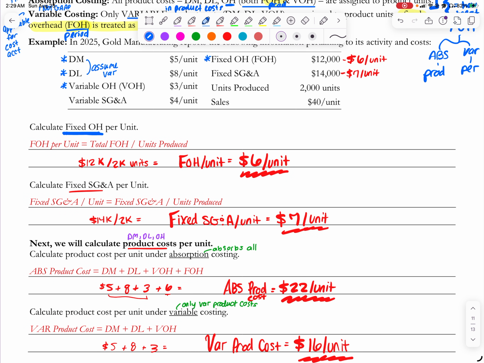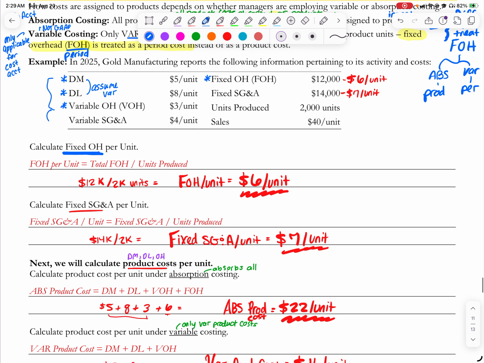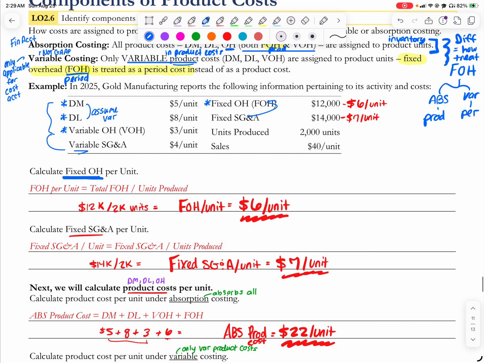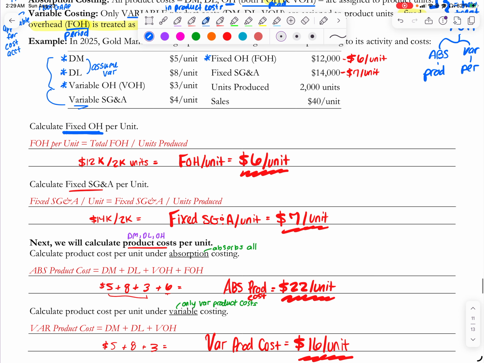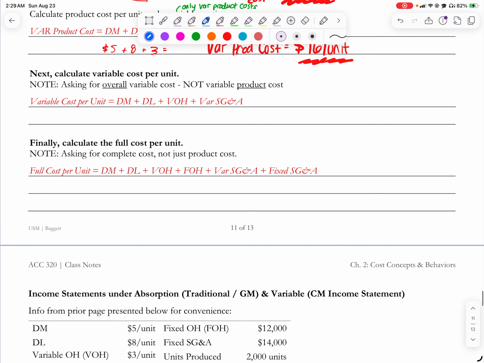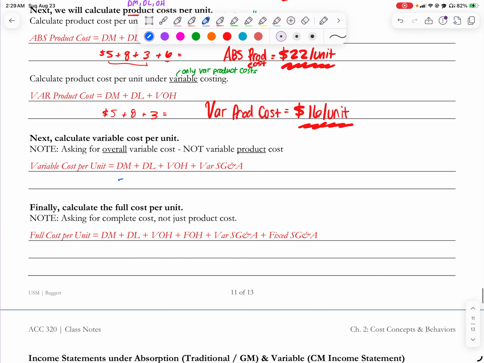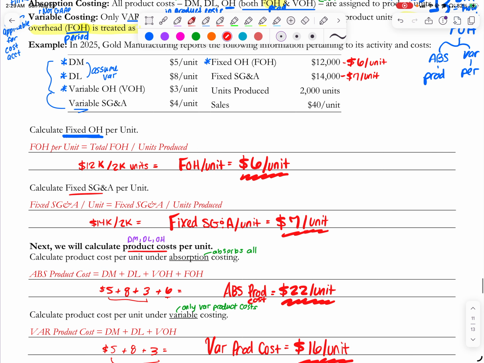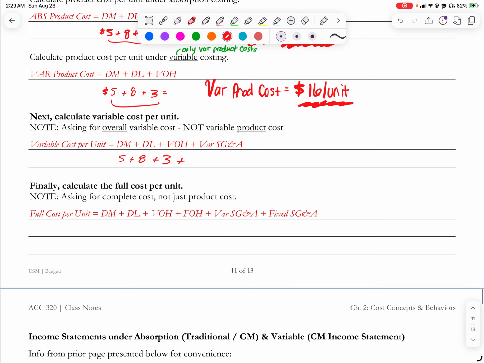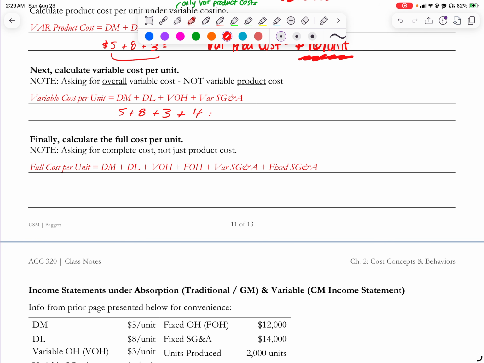So all three of those would be variable. Obviously, the variable SG&A would be variable. These two are fixed, so they don't apply. Basically, these costs here are the ones that are variable. The 5, 8, and 3 that were part of the variable product cost, plus also variable SG&A, which was $4 per unit.